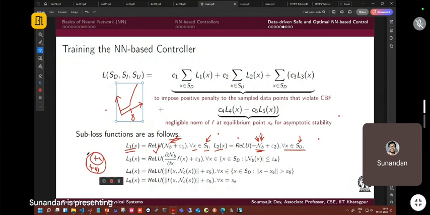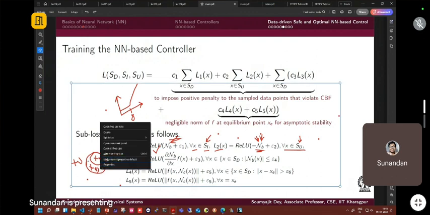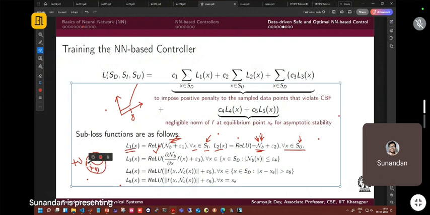So with that, what do we do? Now this whole area is basically XU. Here, whenever we are going towards XU, it should be negative inside.